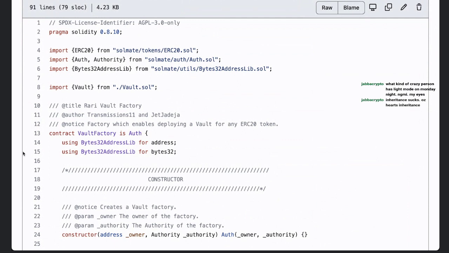So the idea is there is an owner who has full executive control of the contract, and then there's also this thing called an authority, which is a contract that has one function, at least that the Auth instance knows about, called canCall, and it takes the person calling, the function they're calling, and which contract they're calling that function on, and then it responds with a Boolean true or false.